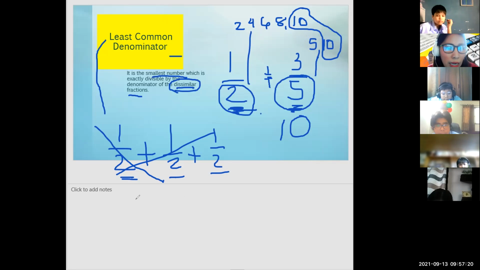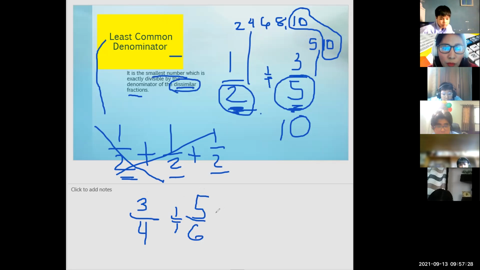Let's say another example po. 3/4 and 5/6. They are dissimilar fractions, right? They are not the same. 4 and 6. We need to get the LCD of 4 and 6.